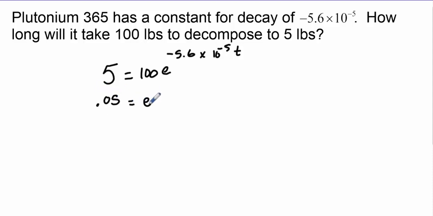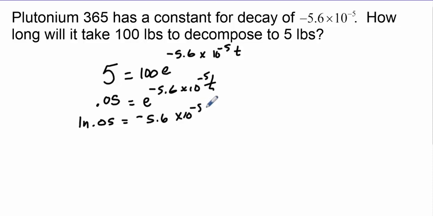That's e to the negative 5.6 times 10 to the negative 5 power times t. Since this is a base of e, I'm going to use the natural log. So the natural log of 0.05 is equal to negative 5.6 times 10 to the negative 5th t, natural log of e, which we know is equal to 1.